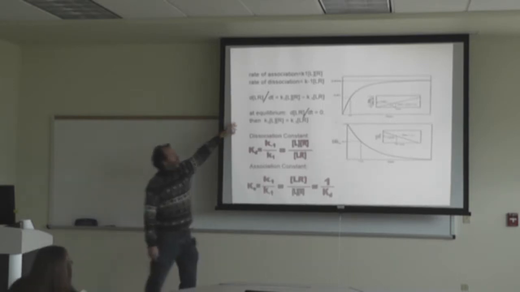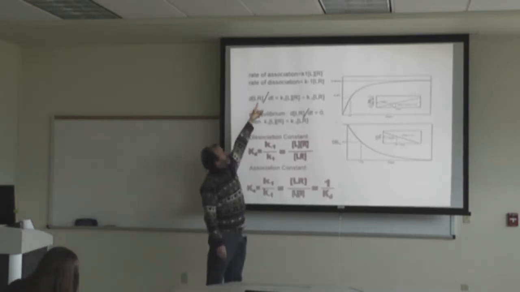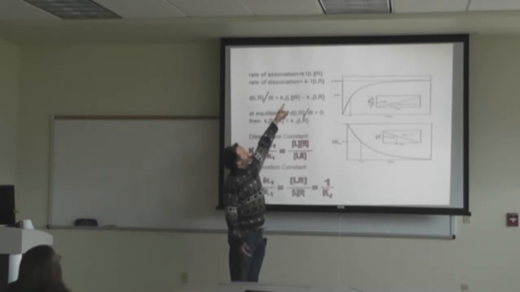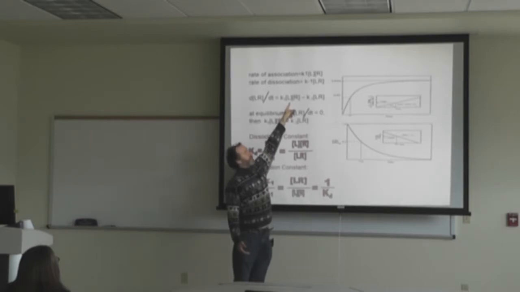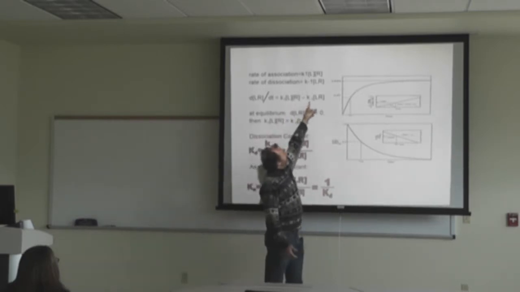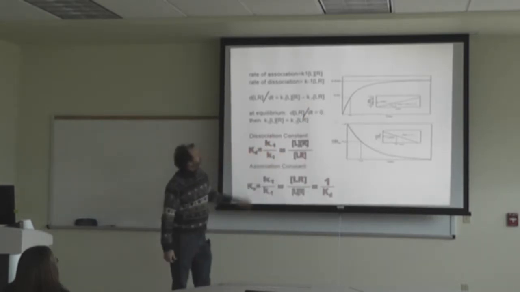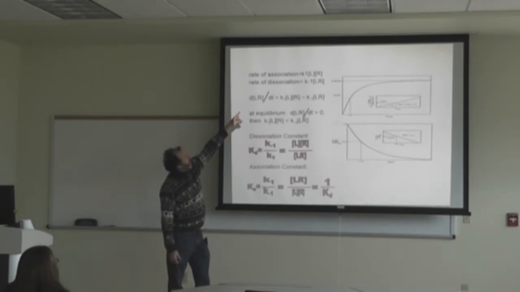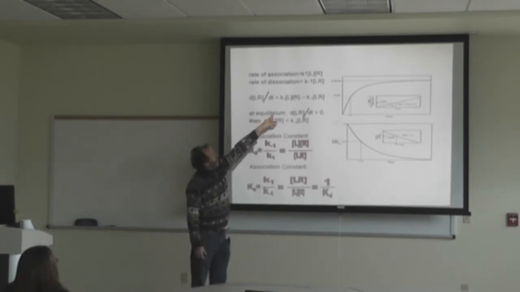Like I have up there, the change in concentration of ligand receptor complex over time is going to be equal to k1 times the concentration of ligand and receptor, minus the amount coming off, k minus 1 times the ligand receptor complex. And then likewise, the rate of association is like that. So at equilibrium, the two are equal.